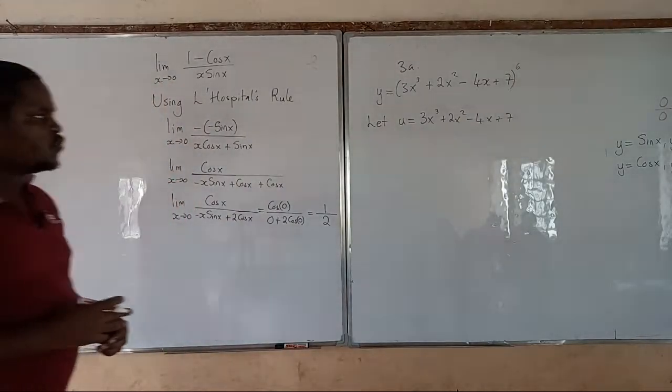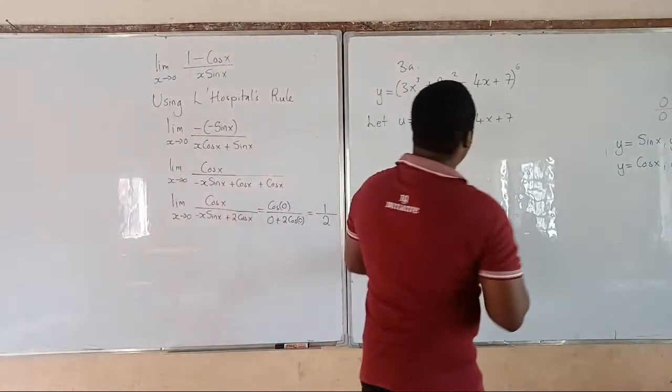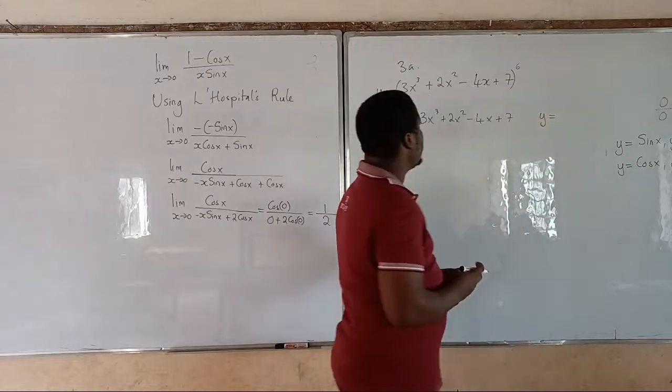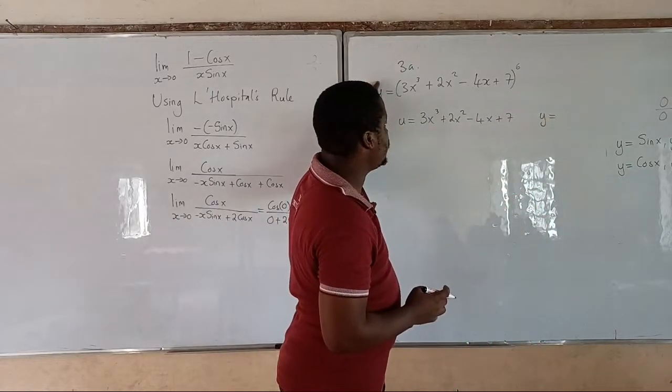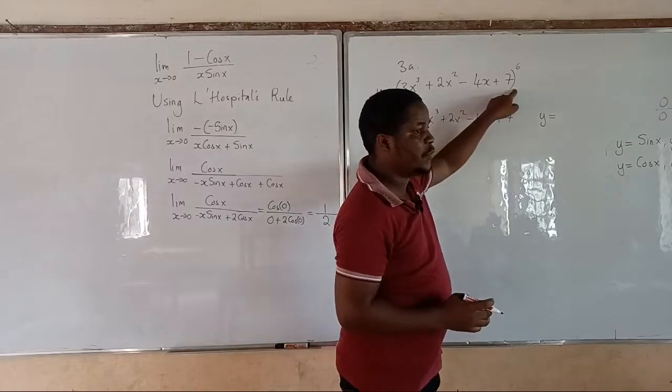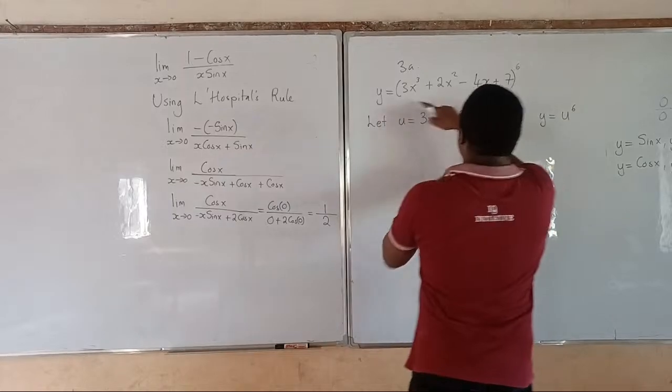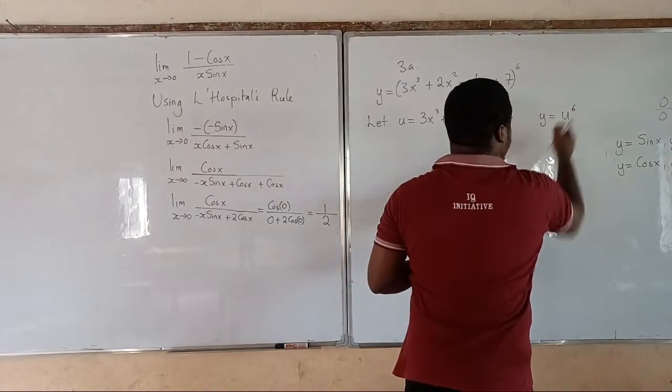Since this whole thing is u, then what is y? y will be equal to u to the power 6, because the whole thing is just u. That's why I'm saying u to the power 6.